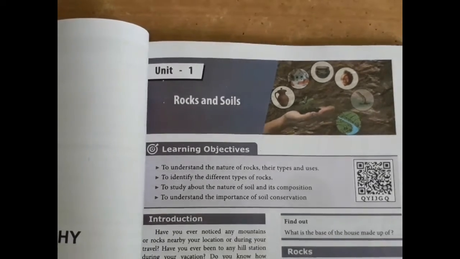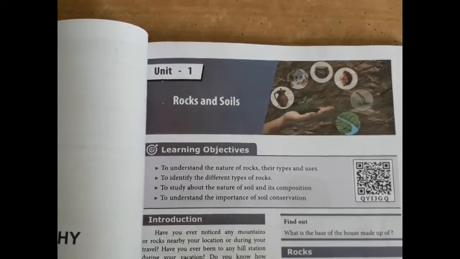Now we are going to see about rocks and soils. This is our unit 1 in geography. Have you all noticed any mountains or rocks in your nearby location? Yes, we all see the rocks and mountains nearby or during our travel.